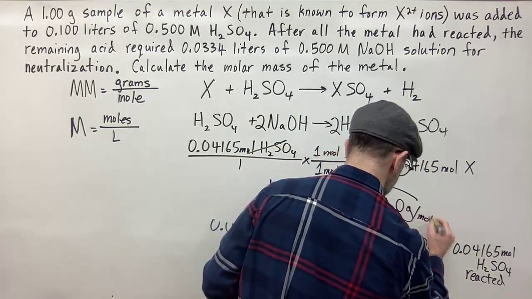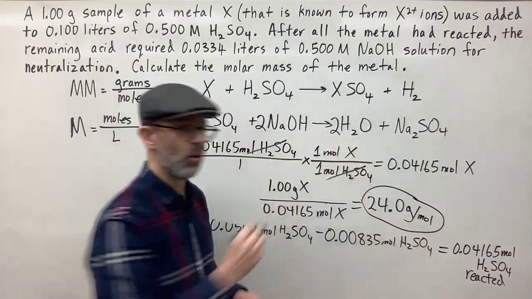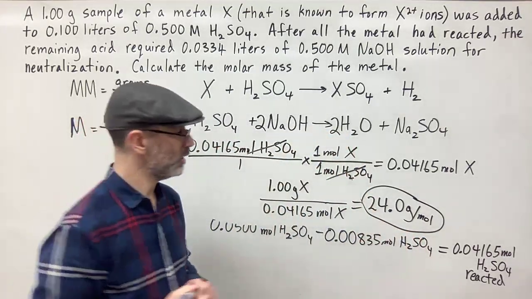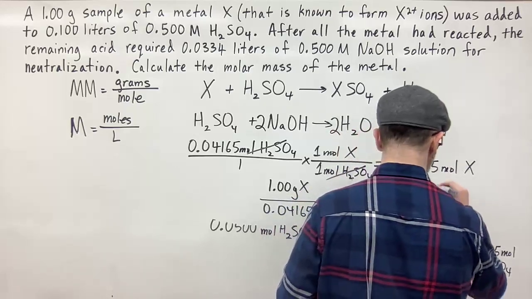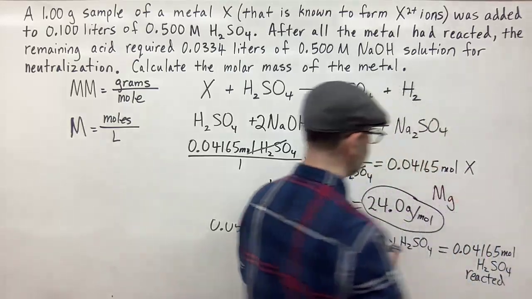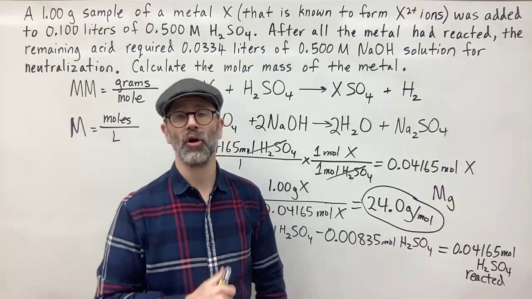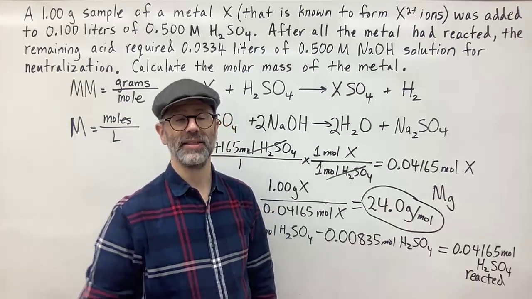And that's the molar mass of our metal. And when we look up on the periodic table, you can identify that as magnesium. And it makes sense because magnesium does indeed form 2+ ions.